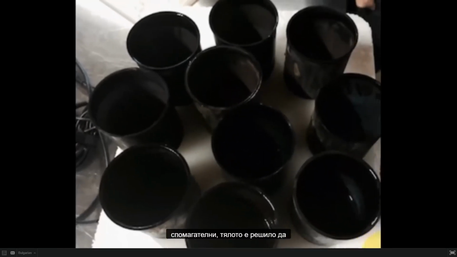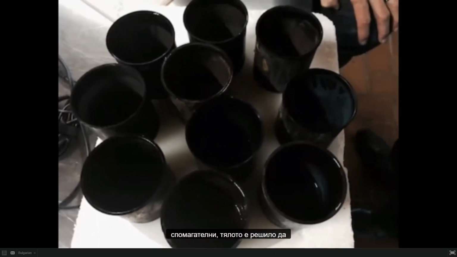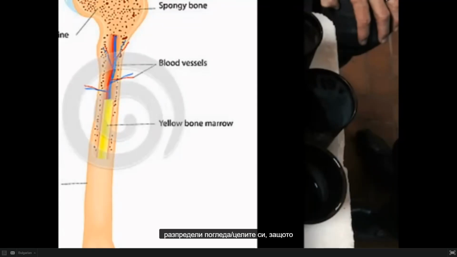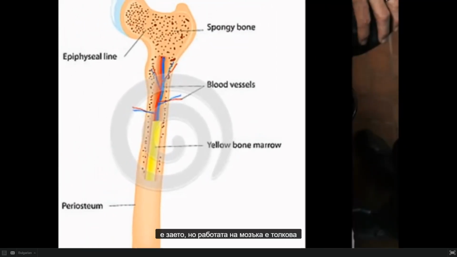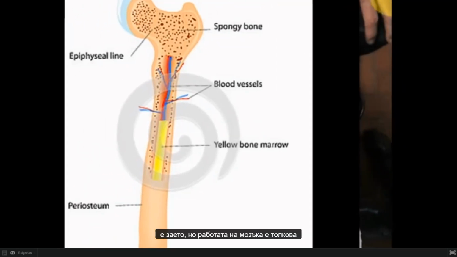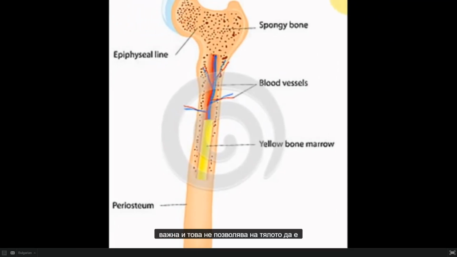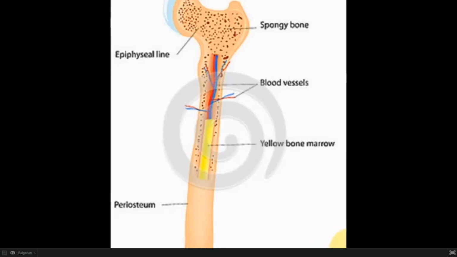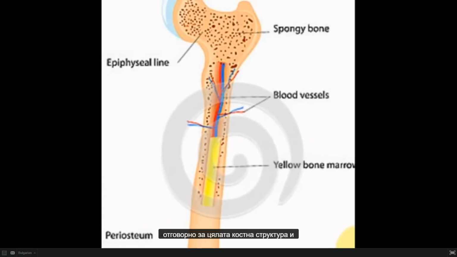The functions which are not important, but are auxiliary, the body has decided to allocate the glands in different parts of the body because it's too busy. But the work of the brain is so important for it to be responsible for the whole bone structure.